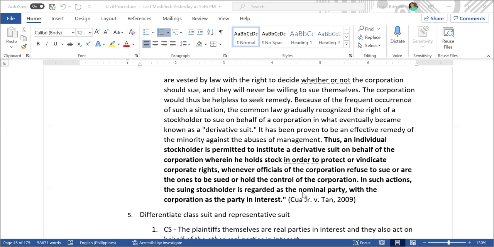In such actions, the suing stockholder is regarded as the dominant party with the corporation as the party in interest.